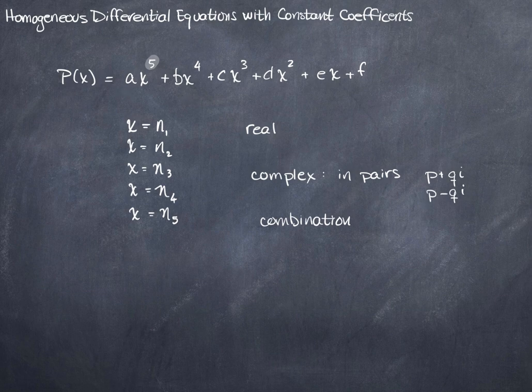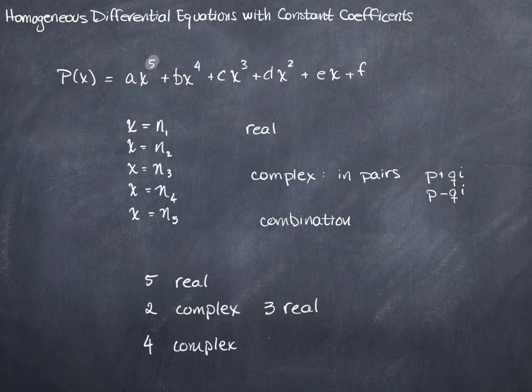They're not necessarily the same. So if you have a solution that turns out to be p plus qi, you're guaranteed a solution p minus qi. Because those come in pairs, in this particular example, we could either have 5 real roots, or we could have 2 complex roots and 3 real roots, or we could have 4 complex roots and 1 real root. Those are the only possible combinations.